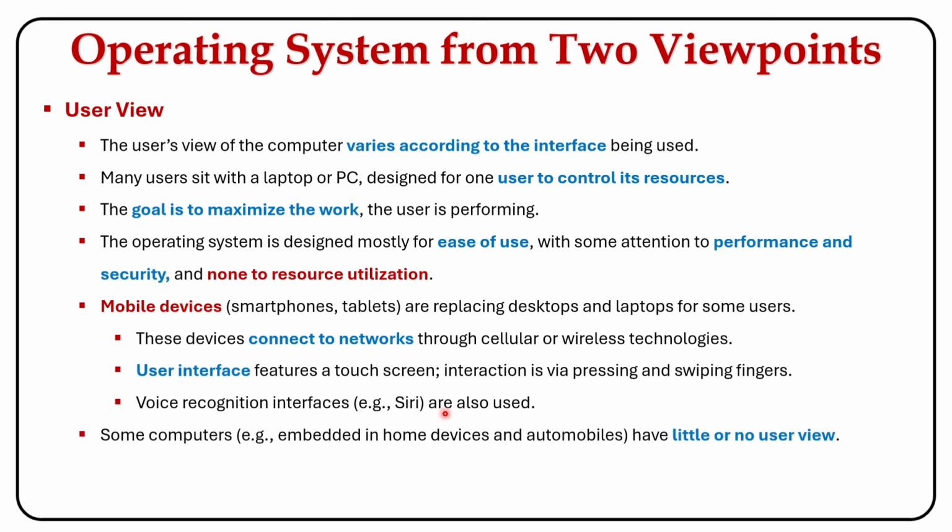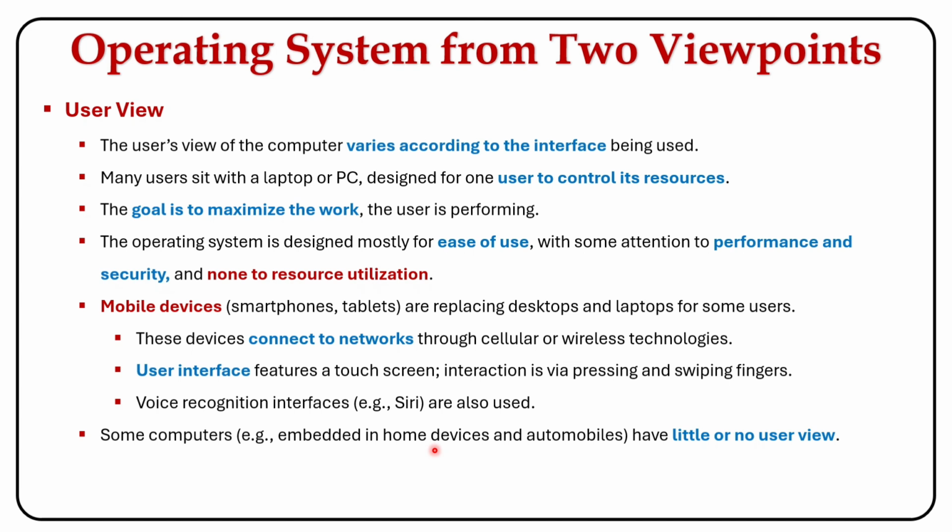Next comes the embedded system. Some computers have little or no direct interaction with the user. These are called embedded systems. A few examples are washing machine, microwave oven, air conditioner, car, smart TVs, and so on.